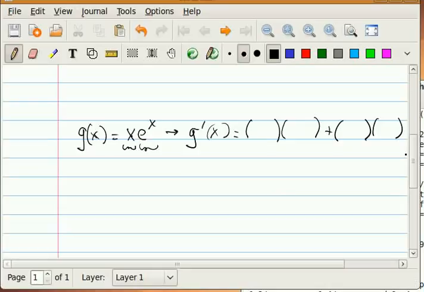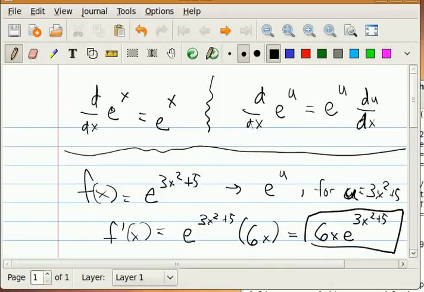We take the derivative of the first function, which is 1, the derivative of x is 1, and multiply it by the second function, e to the x, and then to that we add the first function, x, times the derivative of the second. Well, the derivative of e to the x, we can just use this simple rule here, it's just e to the x.